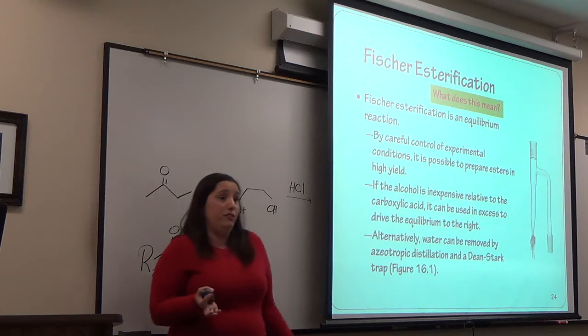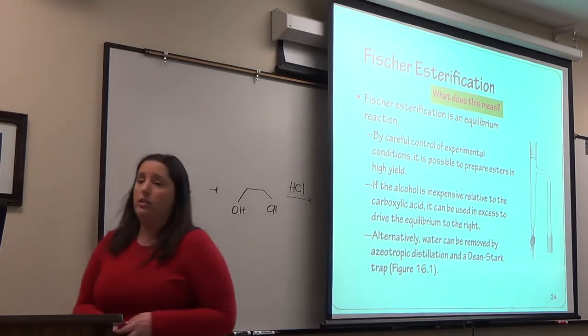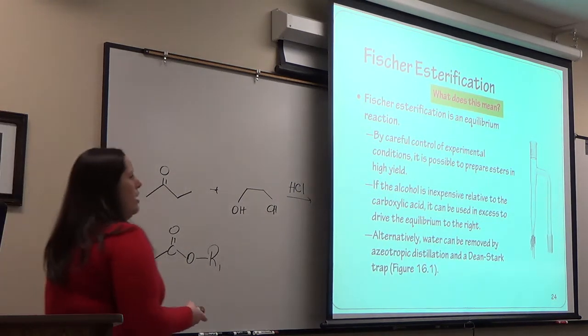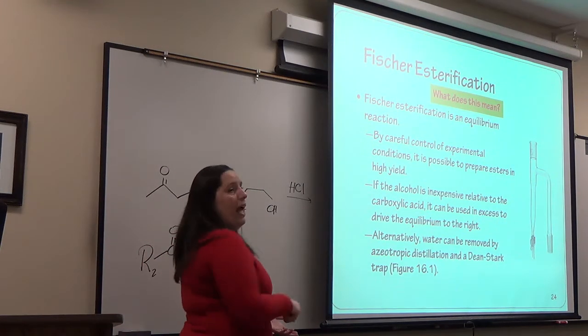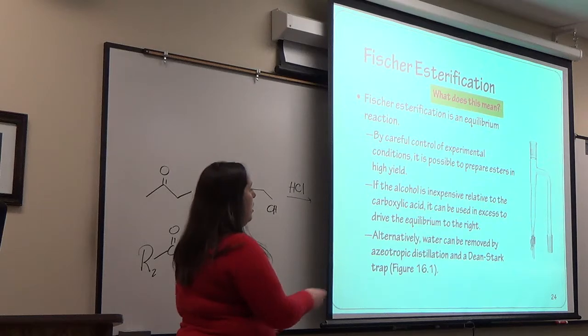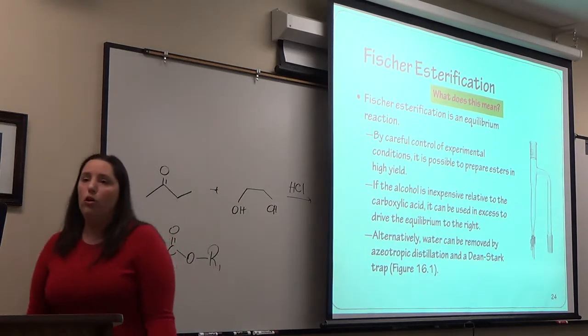That also shifts the reaction towards product. Again, Le Chatelier's principle dictates that. There's other things you can do, but often you don't want to spend a lot of money having bulk amounts of your starting material. So removing the water is a nice and inexpensive way to do that.